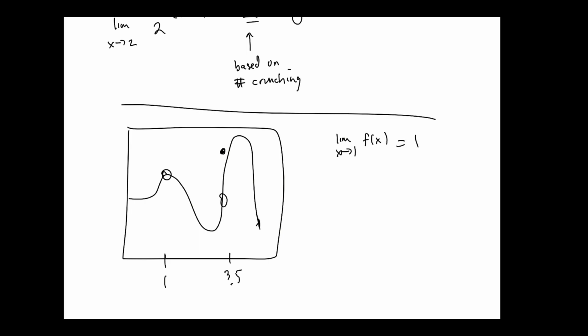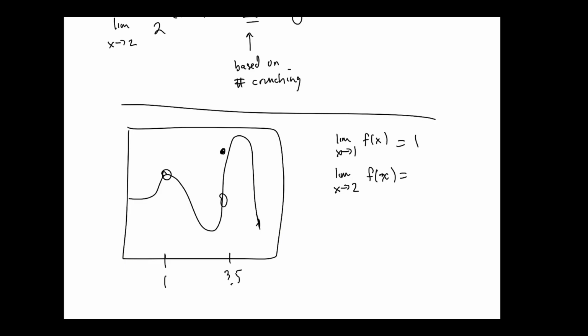Now, two other interesting points. What about if we were looking at 2? Is anything weird happening on the graph at 2? We don't have any holes, no discontinuities, no asymptotes, anything like that. So in this particular case, what is this limit?